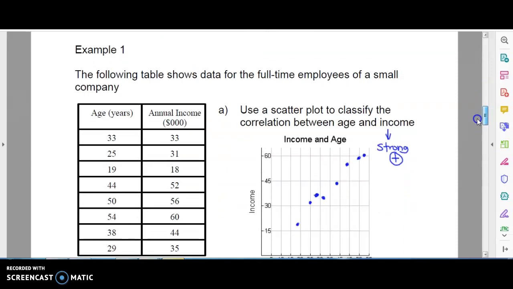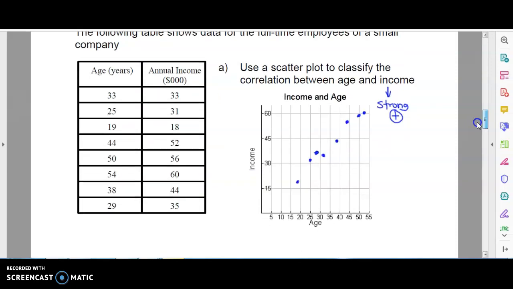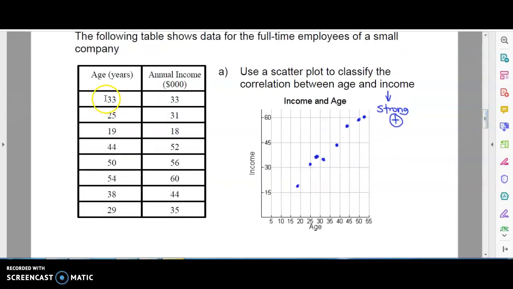Okay, so the following table shows data for the full-time employees of a small company. Your independent variable is your age, and then the annual income would be on your y-axis, right? Your dependent variable. Use a scatter plot to classify the correlation between age and income. So if you do a scatter plot, literally just plot your points 33, 33, 25, 31, 19, 18, all the way down.